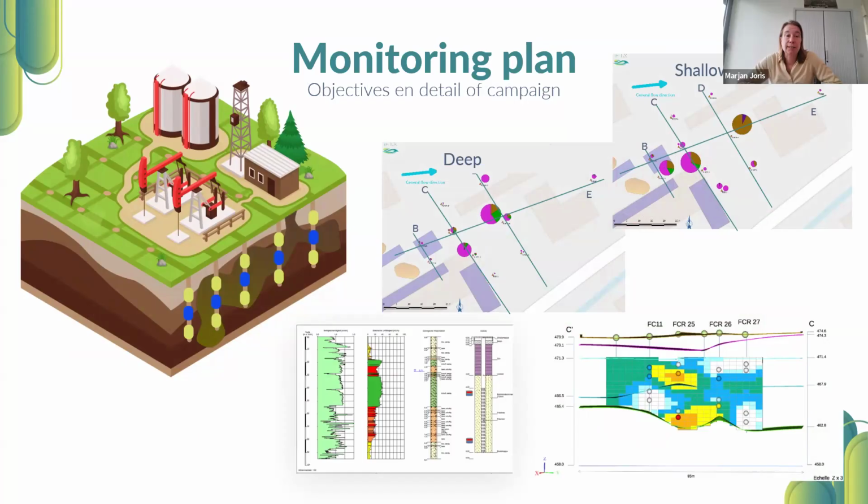Also, if you set up a monitoring campaign, the first thing you do is to define your objectives and to find out what the detail of the monitoring campaign is that you want to set up. If the objective is to evaluate spreading and to have only a first worst case estimation, it will be enough to measure in the area with high concentration and high groundwater fluxes.